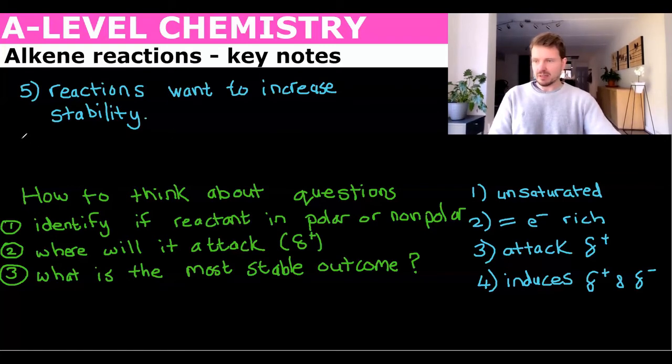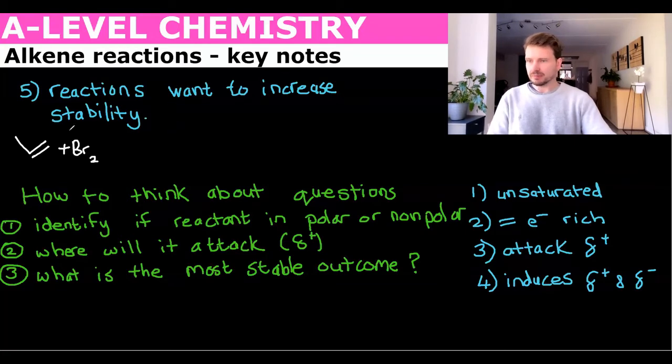So if I get given this question, and they say plus Br2. Now, this is 1, 2, 3 carbons, right? So monkeys eat peeled bananas is how I remember it.